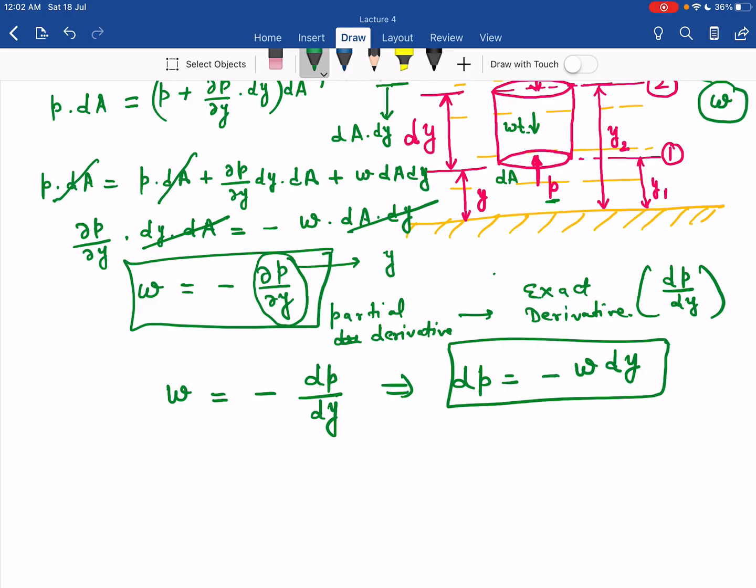Okay, so this is the second fundamental relation between pressure, specific weight that depends on density, and the height of the element. This relation represents the hydrostatic law.